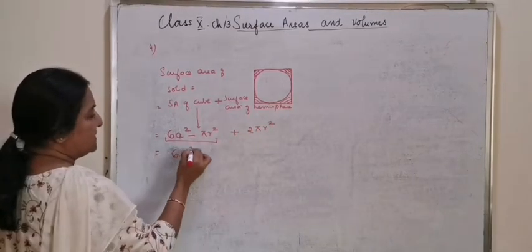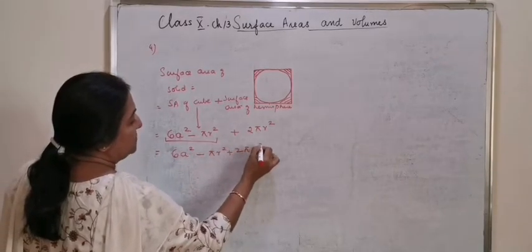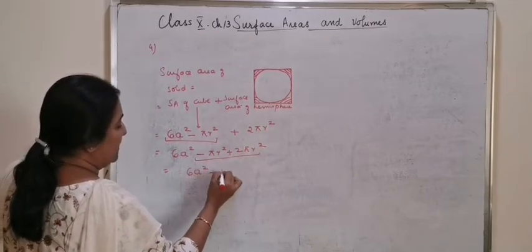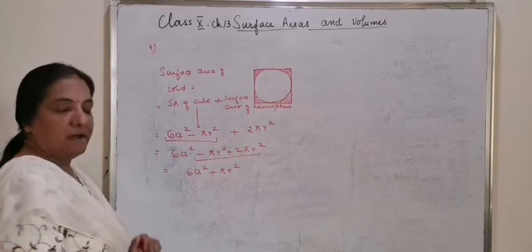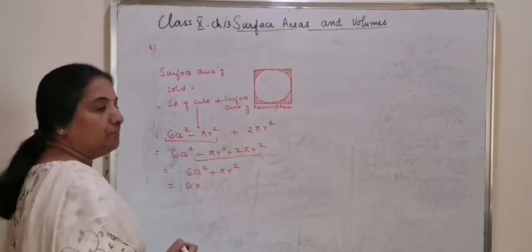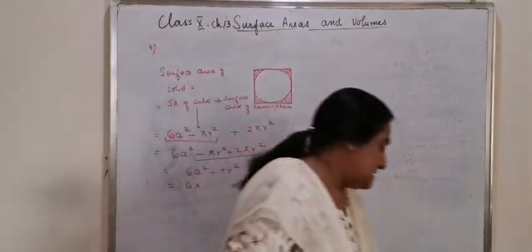Therefore, 6a square minus pi r square plus 2 pi r square will simplify as 6a square plus pi r square, and it is 6 into the edge of the side, given as 7 centimeter.